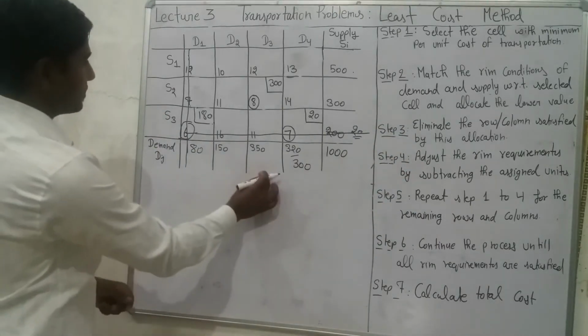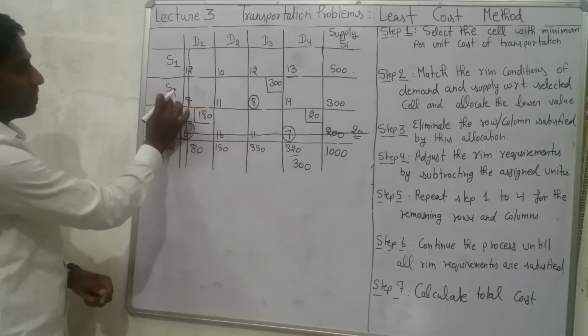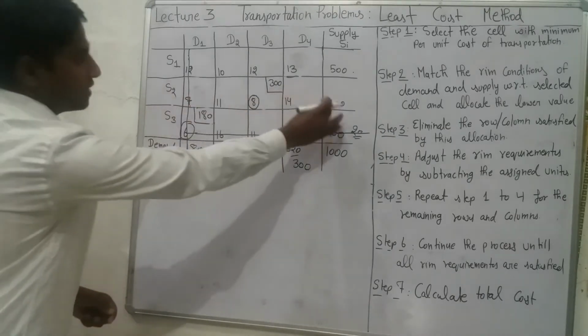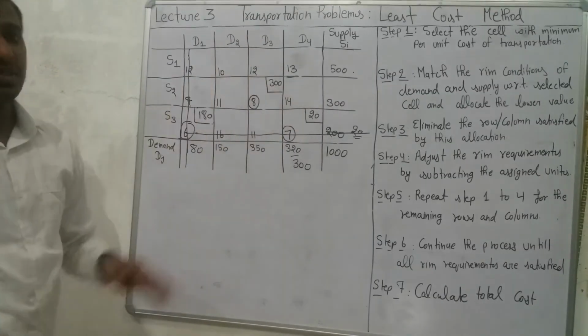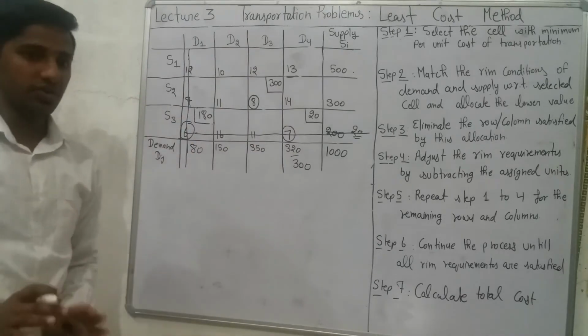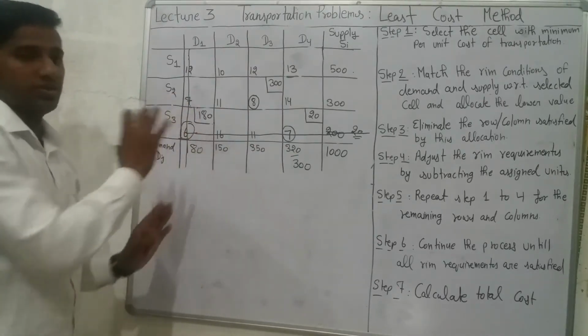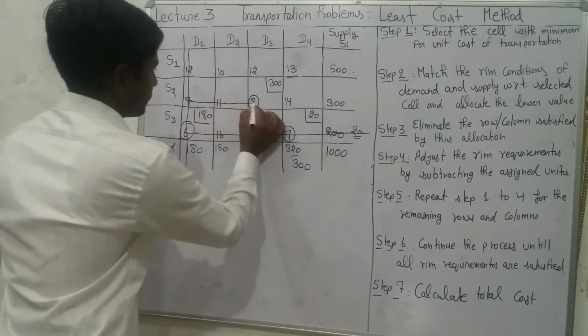So in this case, the row S2 is satisfied. The supplying capacity of source 2 was 300 units, and out of them we have allocated 300 units to destination 3. It means the supply of S2 is completely exhausted. So we are going to delete source 2. Again draw a line on it.